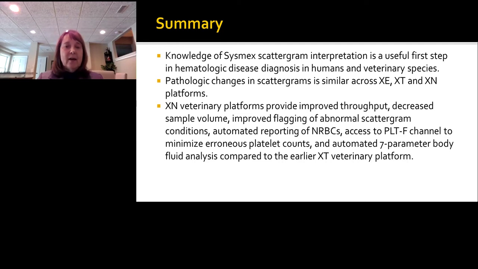Beyond that, we've found that you can use it for alternate applications. We've actually created a differential performed on bone marrow. And you do that by knowing what's in those populations and defining those populations.